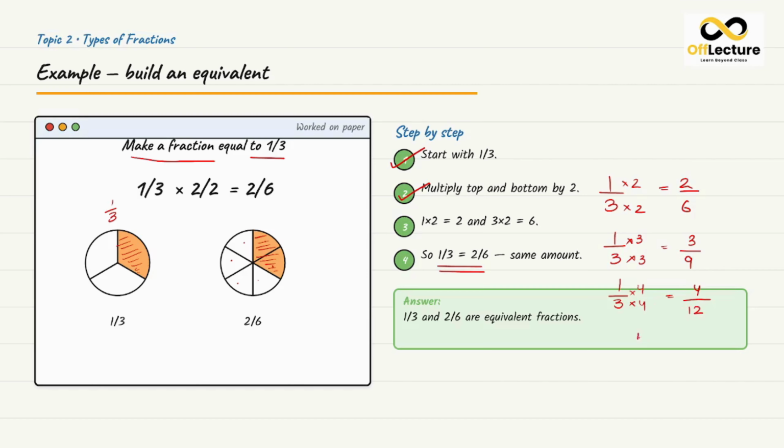For example, 5 by 15 is also an equivalent fraction, because if you divide numerator and denominator both by 5, you will get 1 by 3 only. So all these are the equivalent fractions of 1 by 3.